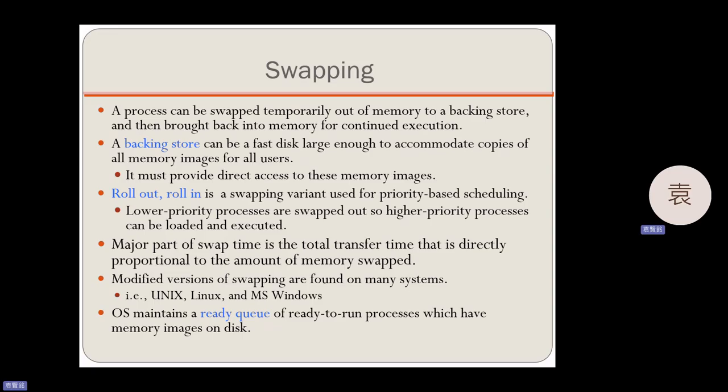A process can be swapped temporarily out of memory to a backing store, usually a disk, and plugged back in later for continued execution. The backing store is usually a fast disk, big enough to store all the memory images of the currently running or ready processes.